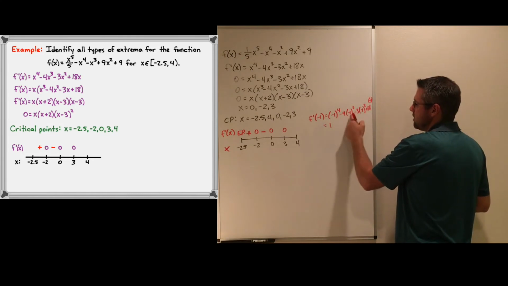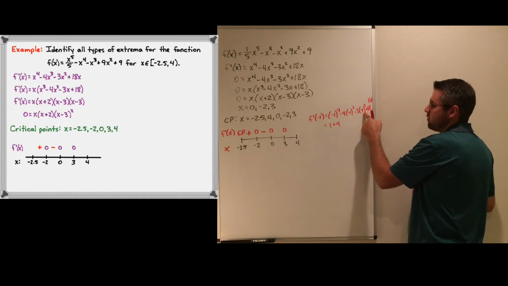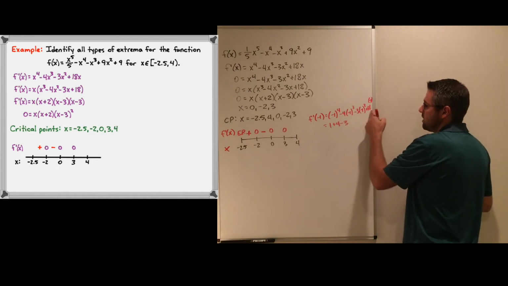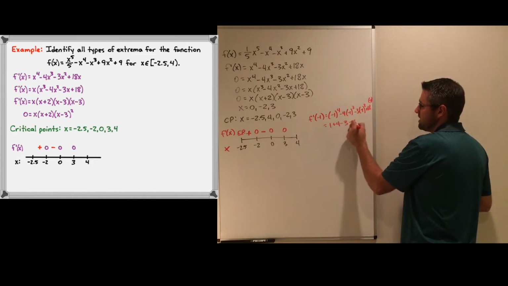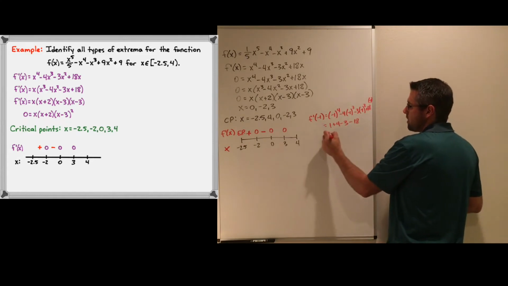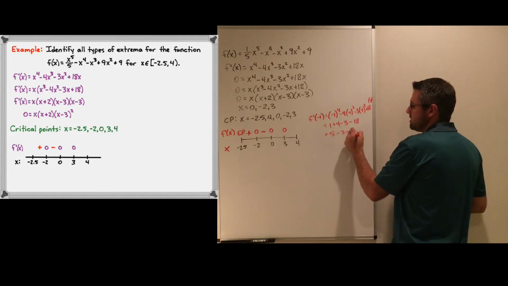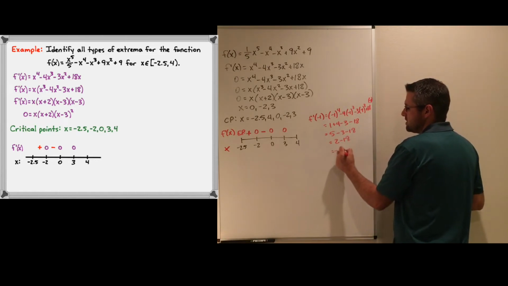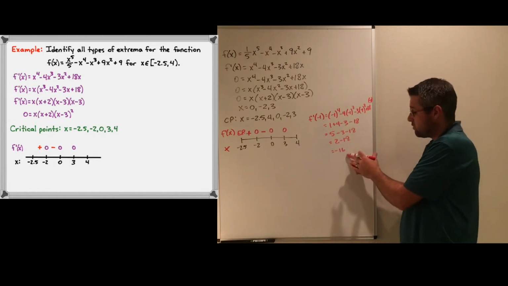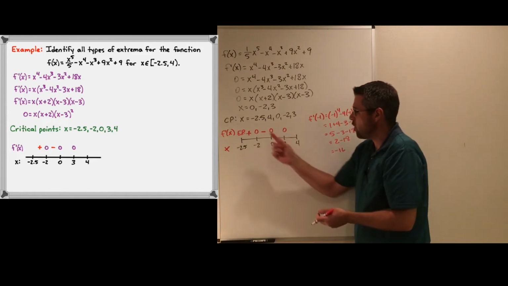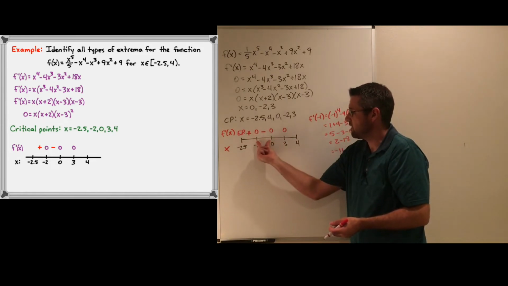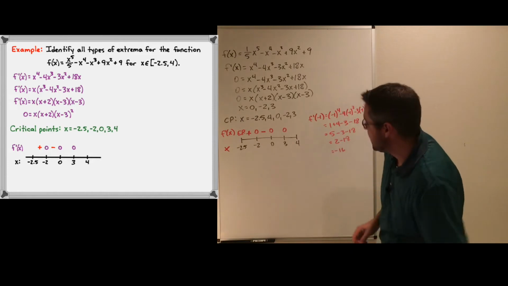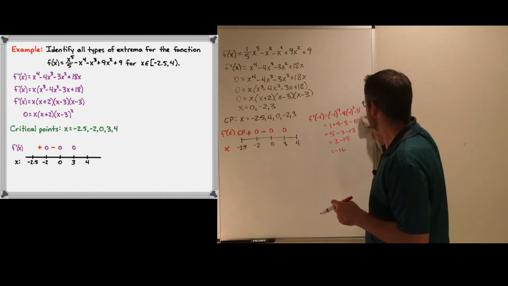Negative 1 times negative 4 is positive 4. We have positive 1 there, minus 3. And then plus 18 times negative 1, so minus 18. So 1 plus 4 is 5, minus 3 minus 18. That is 2 minus 18, which is negative 16. So it doesn't matter what the value is. What we care about is the sign, because all the derivatives have to have the same sign within that interval. So we know that's a negative derivative there.